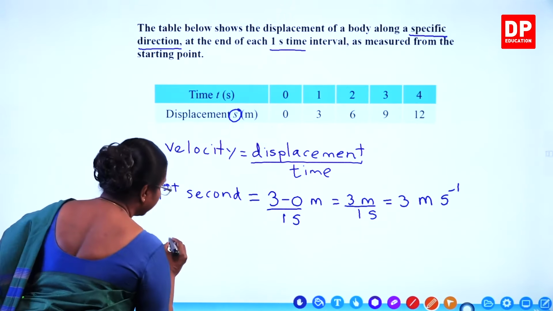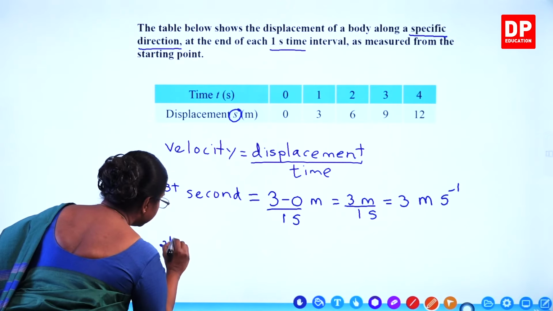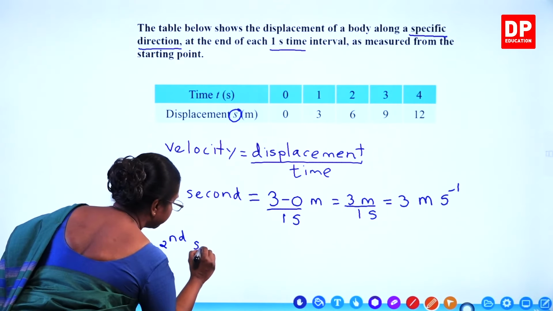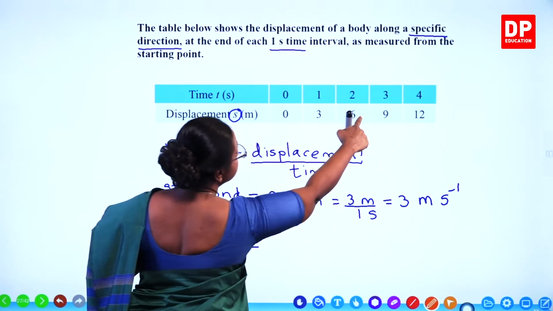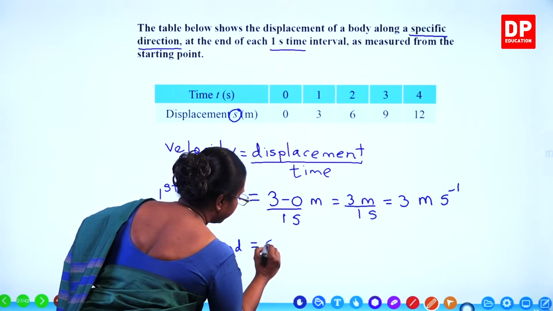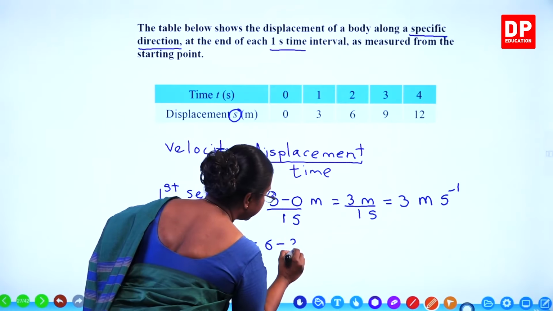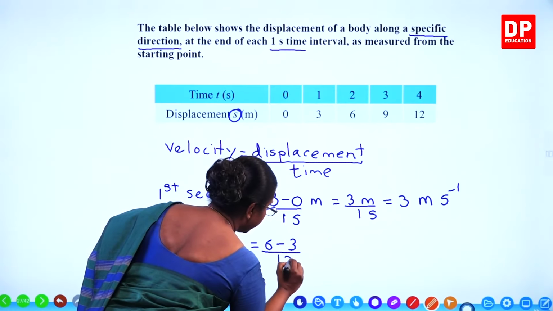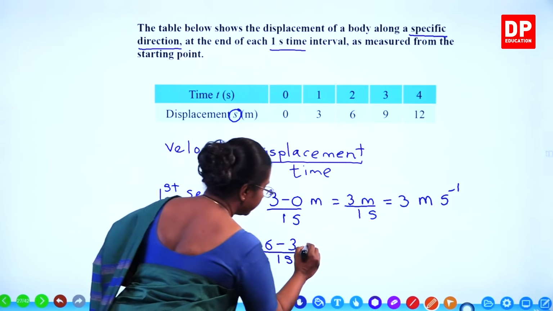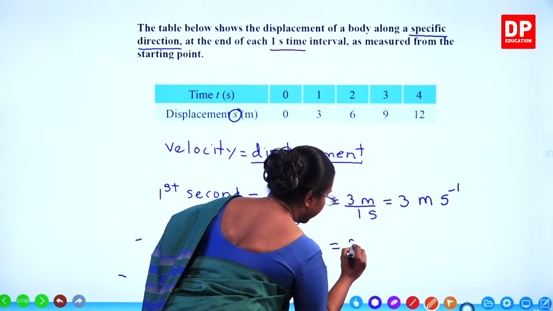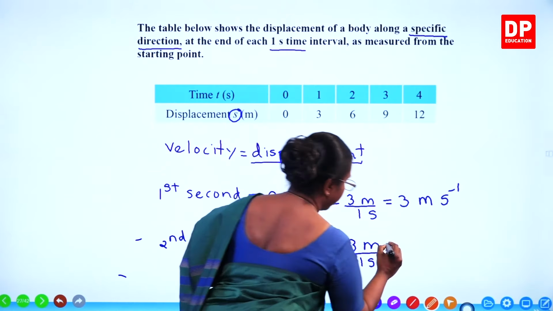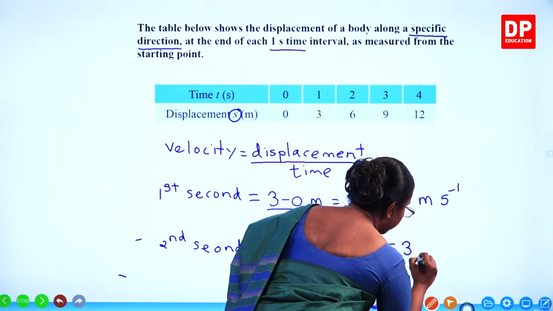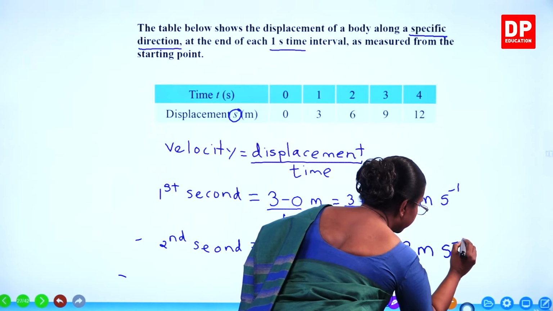Similarly, if we calculate for the second, it will be 6 minus 3, final position minus initial position, divided by 1 second. So again 3 meters divided by 1 second, 3 meters per second.